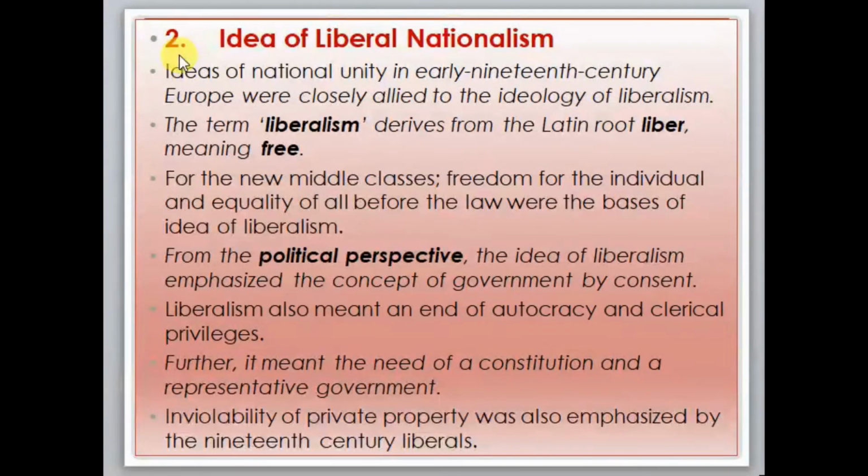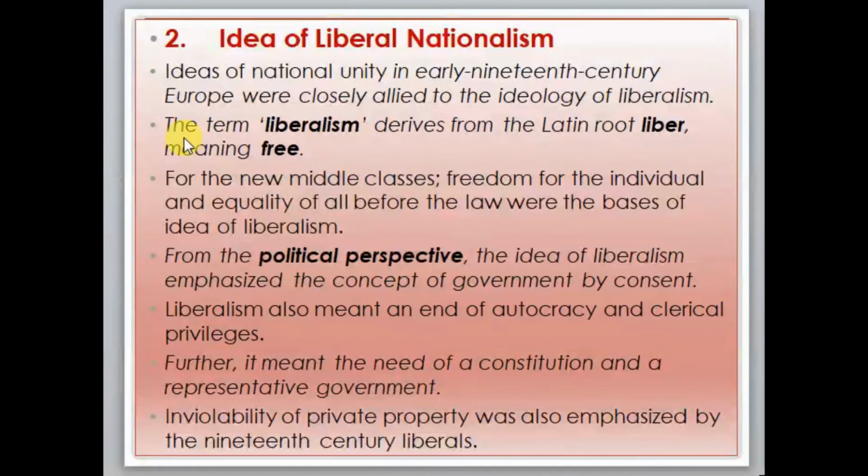Now, the second cause is the idea of liberal nationalism. Nationalist ideas in Europe were closely allied to the ideology of liberalism. Now the question is, what did liberal nationalism stand for?